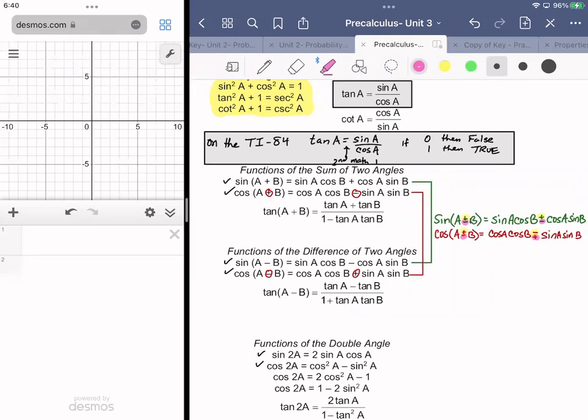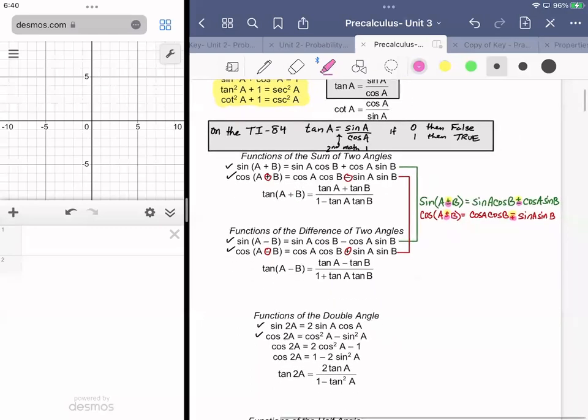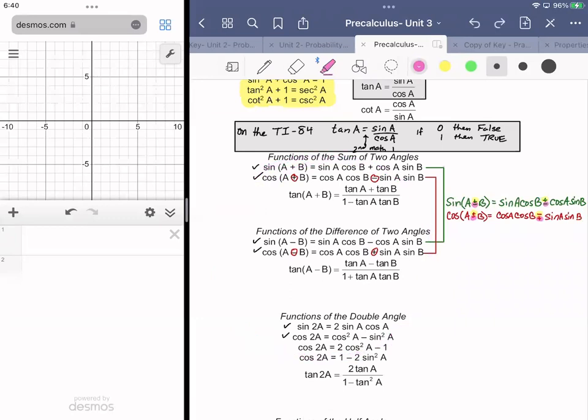Out of all of this information, we have these two modified rules that we just created, and then these two: this one and this one. Let me talk a little bit about the cosine double angle.